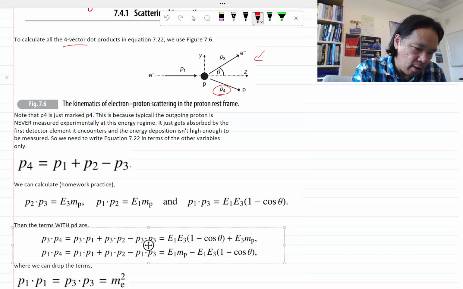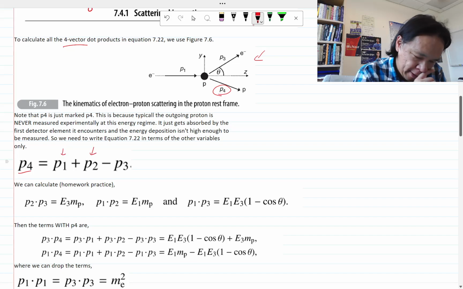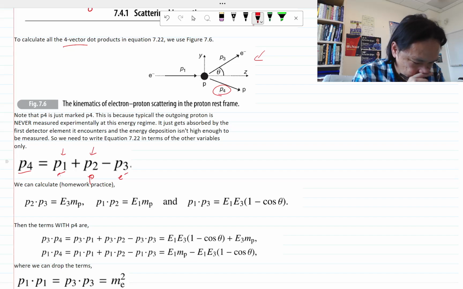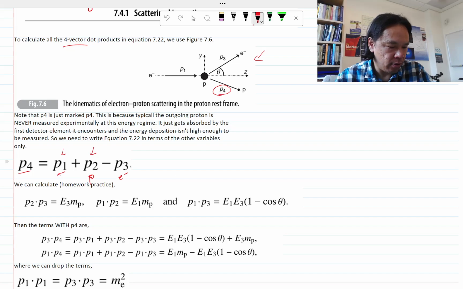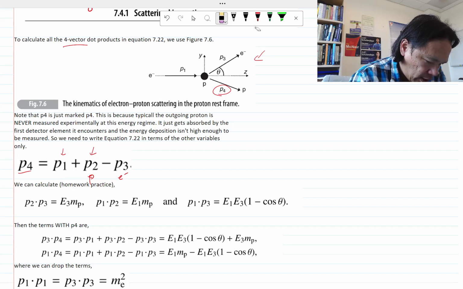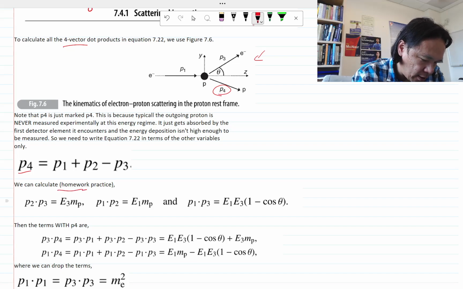From looking at just this kinematic diagram, we know that the four-momentum of the outgoing proton has to be the sum of the incoming electron plus the proton's initial state, which is at rest, minus the outgoing electron's four-momentum.